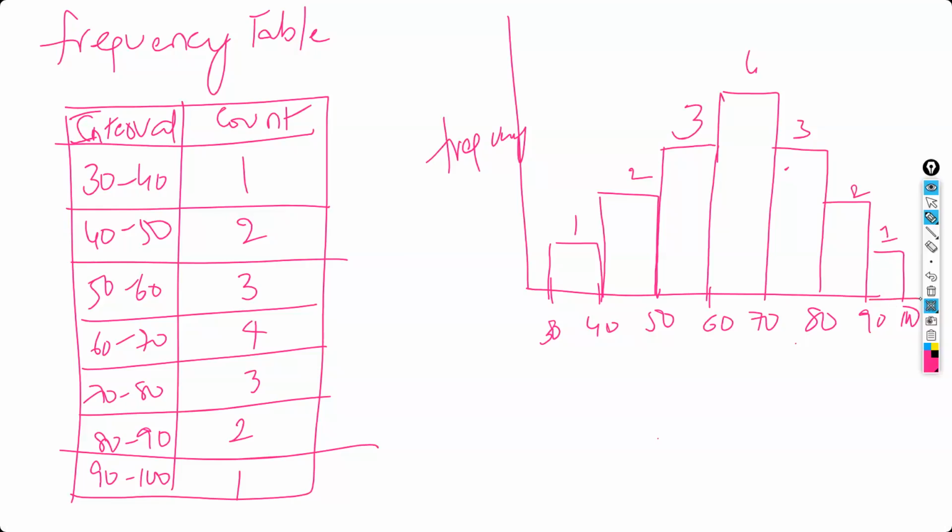Is the point clear? Now the meaning of number of bins is clear. This is called bins. Number of bins means number of bars, basically. How many bars should be there in the diagram? Is the point clear? Frequency distribution is clear now. This is the frequency table. This is the frequency distribution.